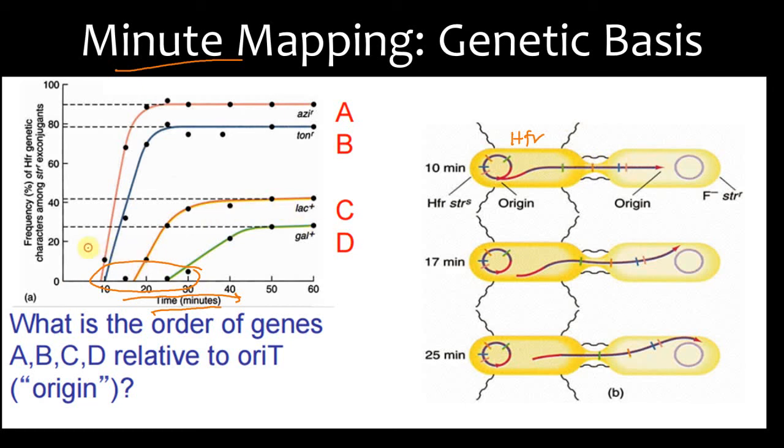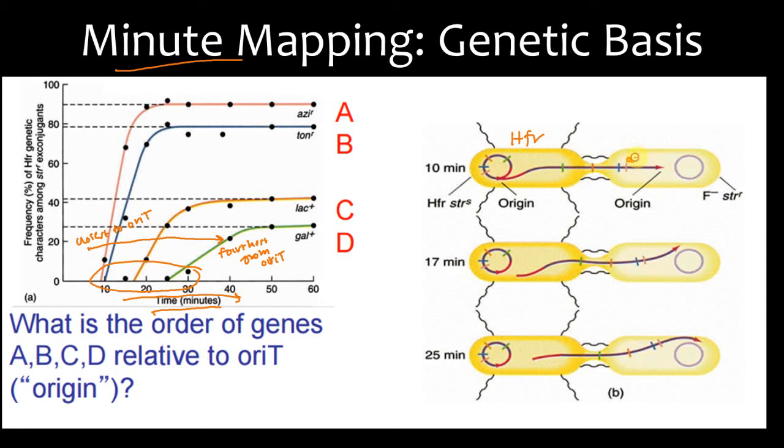So we know that if we read it from low time to high time, this is closest to the origin of transfer, and this is farthest from the origin of transfer, ORIT. Okay, so if I wanted to draw a map of this, if I wanted to write what each of these represents, the one that's closest to the ORIT is AZI.